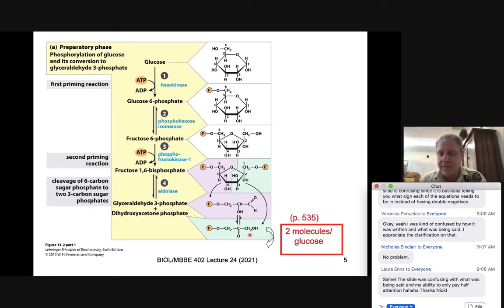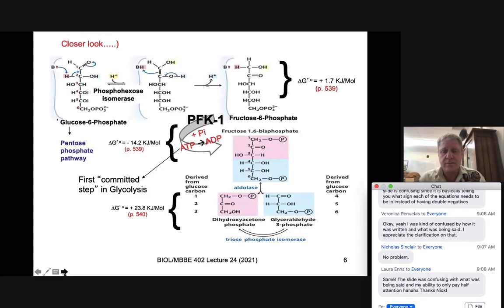Now, there's something very interesting occurring between these two particular molecules, and it's through a particular enzyme. Actually, I was going to take a closer look at glucose 6-phosphate. So think of our enzyme interaction.